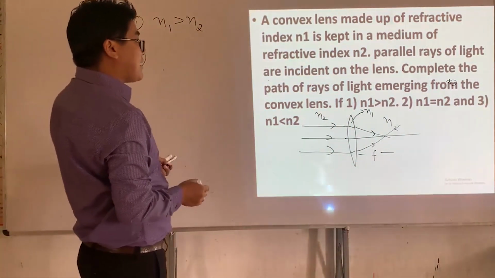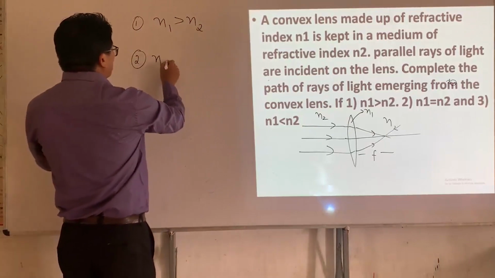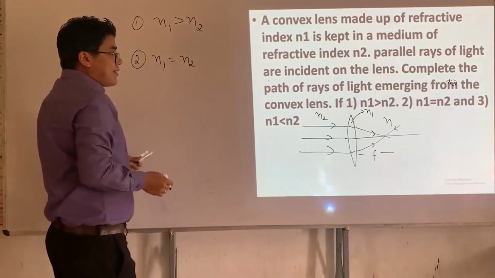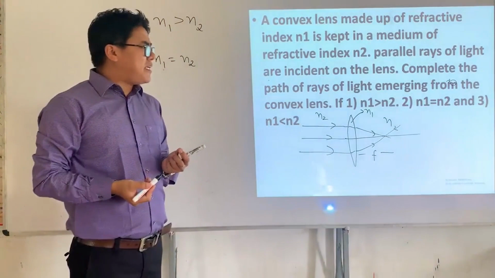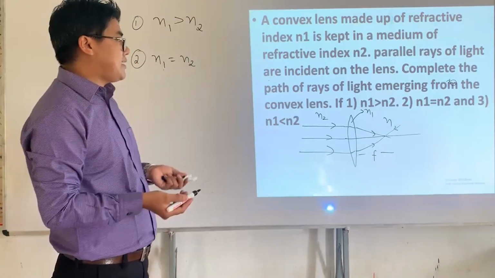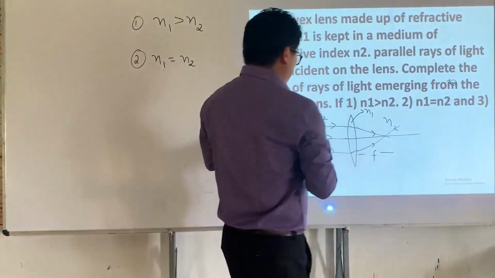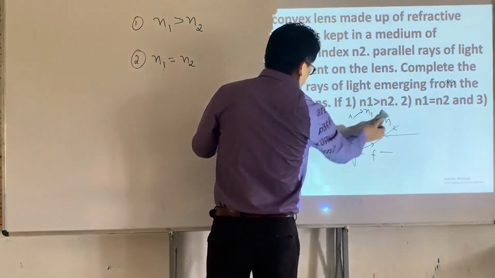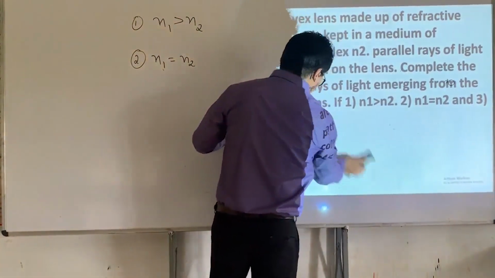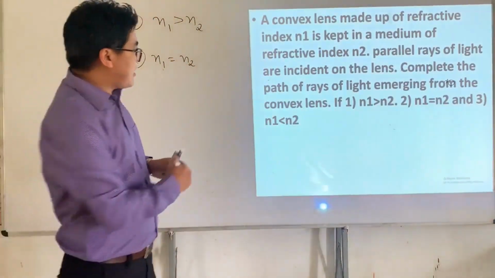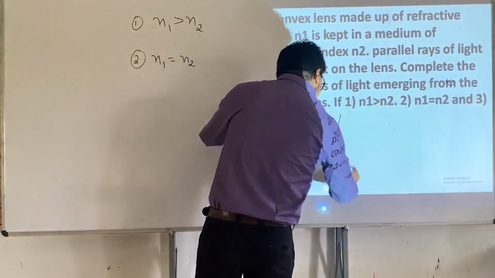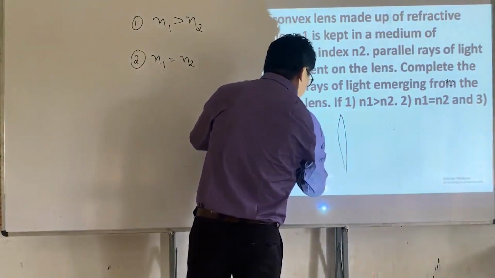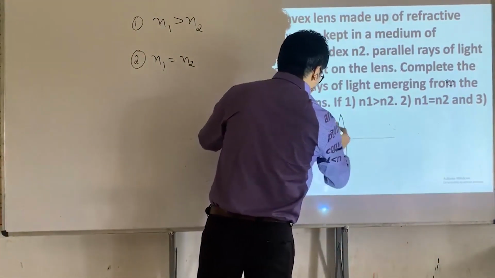Now the second problem is that if N1 is equal to N2, that means it is the same medium and it doesn't change. That means a ray doesn't undergo any refraction when it passes through the same medium, right?